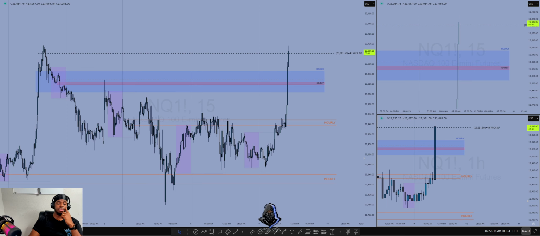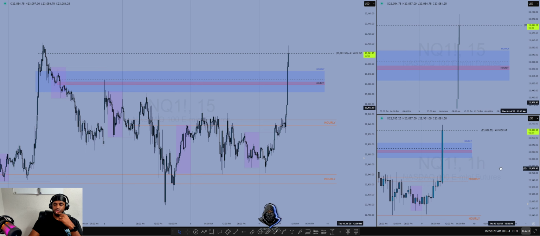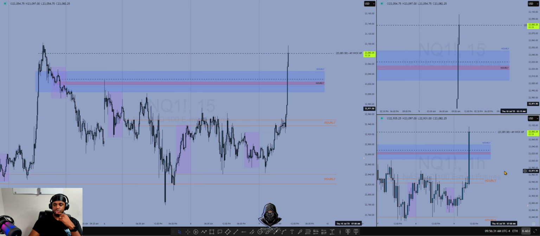This is being patient. I just want this candle to close so I can take this off. Even though I can already see it's going to close above it, I want to wait till it closes so I can take it off.